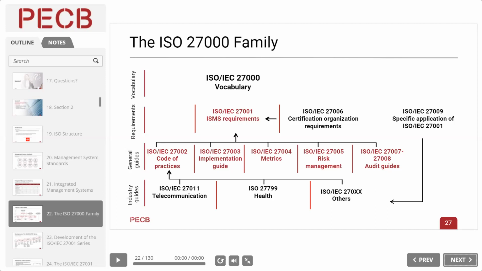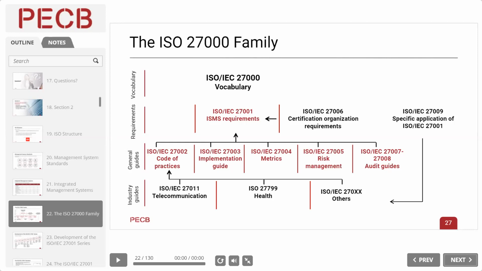27006 is the certification organization requirements. So those are the requirements of the certification company that is coming to certify you. Okay, those are embedded in 27,006.